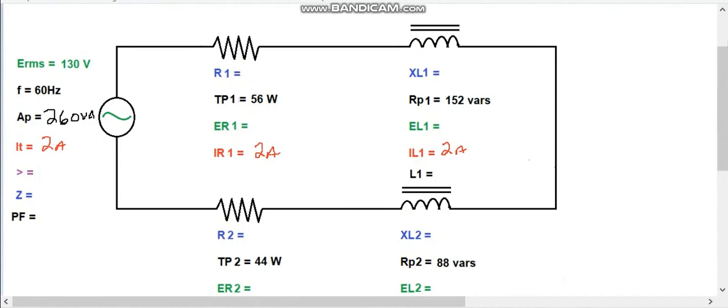ER1, the voltage at resistor 1, must be equal to the true power of 1 divided by the amperage of 1. So in this particular case, I've got 56 watts divided by 2 amps. I end up with 28 volts.